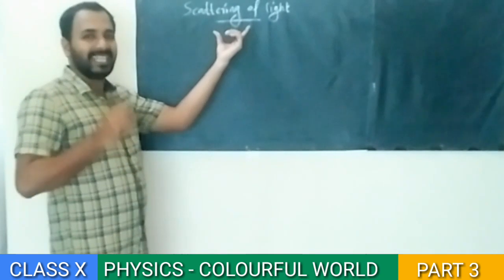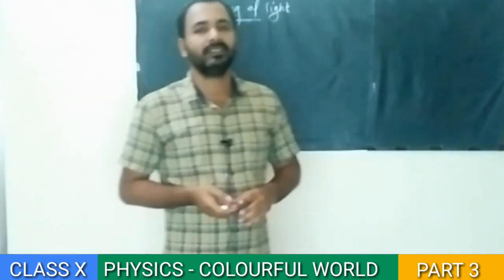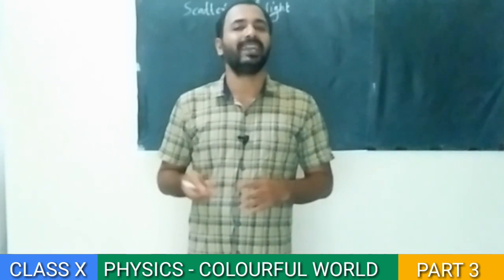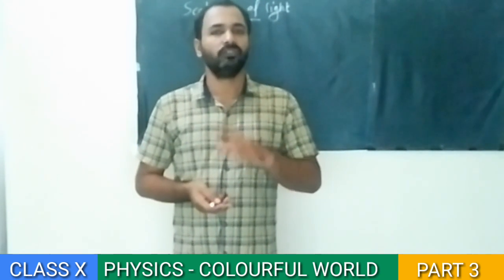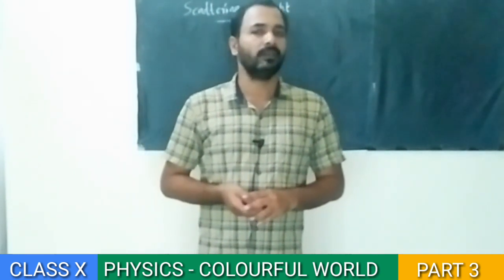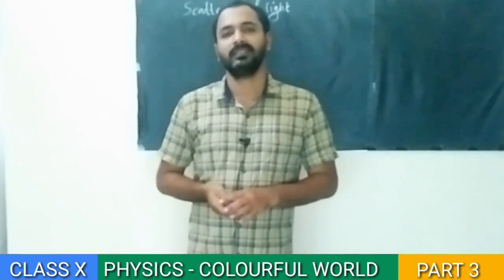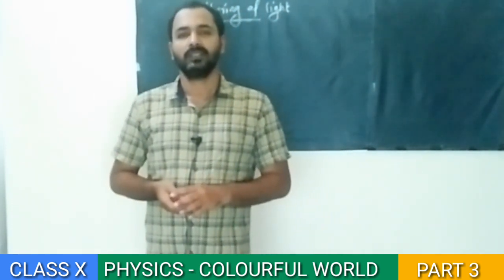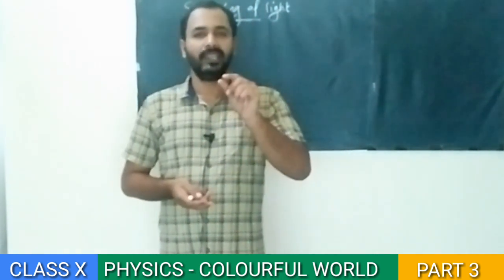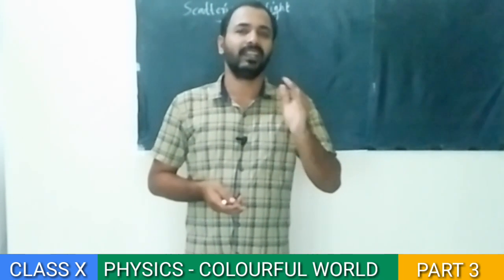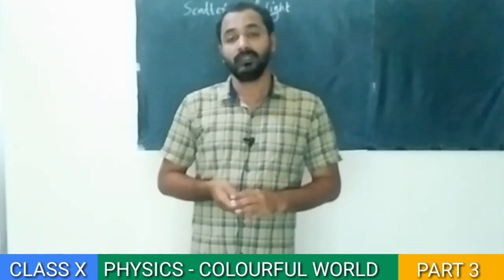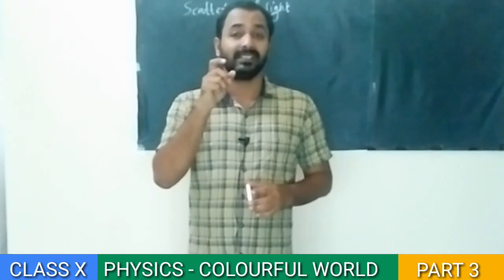The scattering of light depends on many factors. It depends on the size of the particles, and then the nature of the color of the light. We know the light constitutes 7 colors.